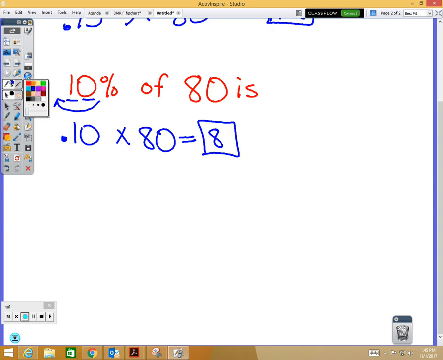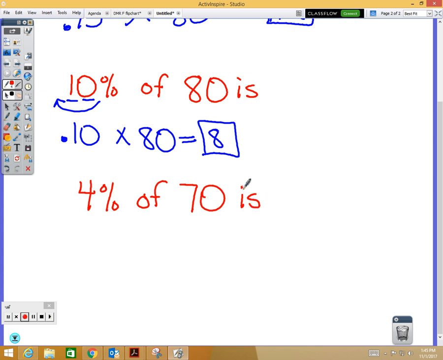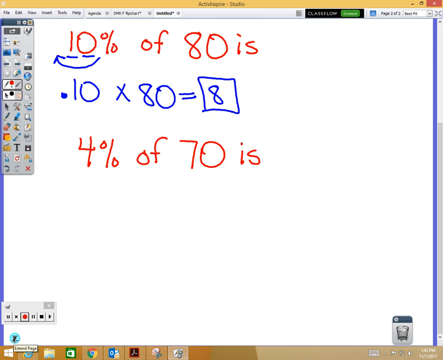What if you had 4%, so that's a very small percentage, 4% of 70 is? Again, write the problem before you just put it in your calculator. You have to show your work.